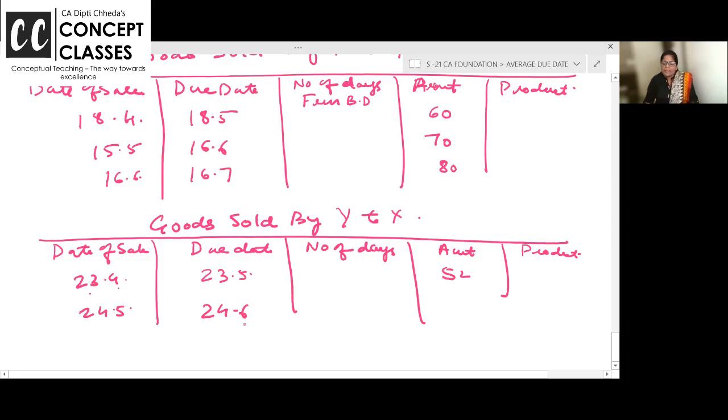You will take that as base date. 18th of May is coming the lowest, so take it as base date. Anyone in the class who is confused, ask. Lowest due date you have to take common for purchase and sale, both the transactions, because this is the second kind of problem where two parties are involved. Shall we do it together?